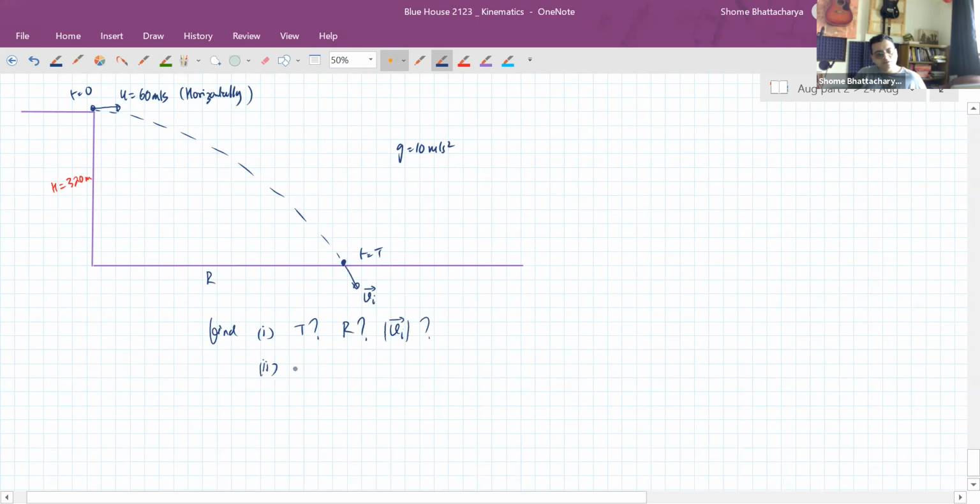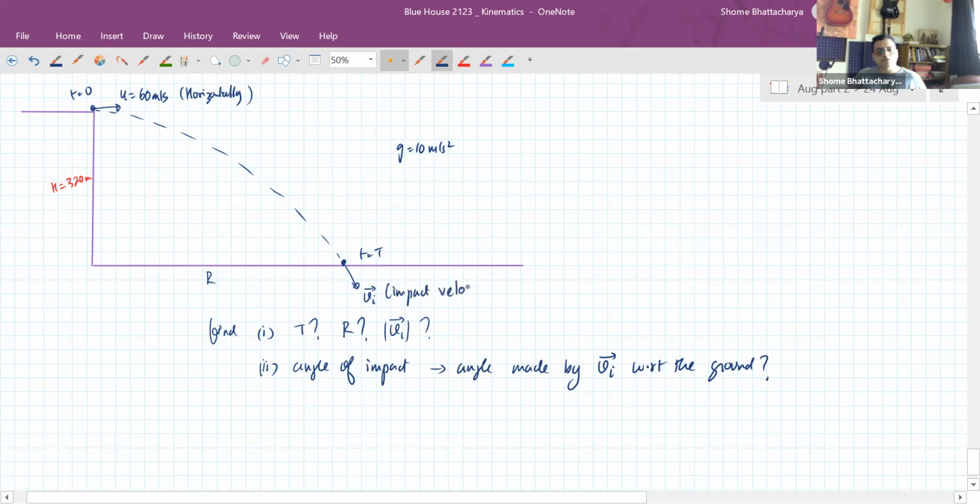Also we have to calculate the angle of impact, that is the angle made by the impact velocity with respect to the ground when it hits, at what angle it hits. This is the impact velocity at the ground.